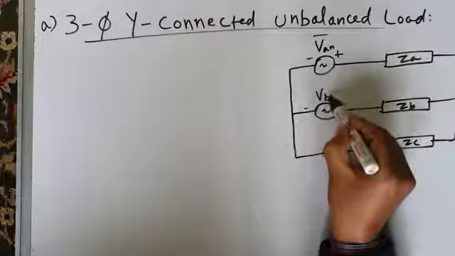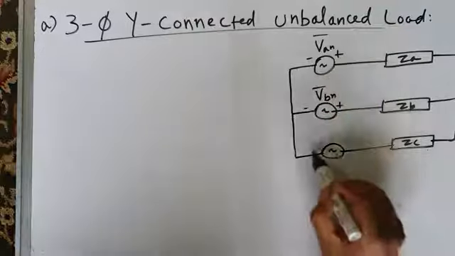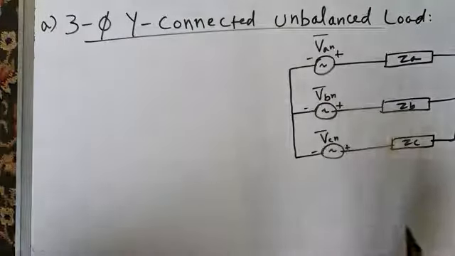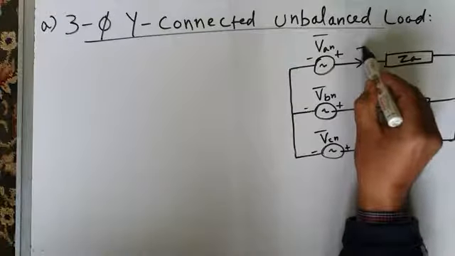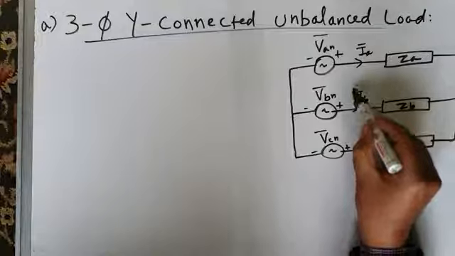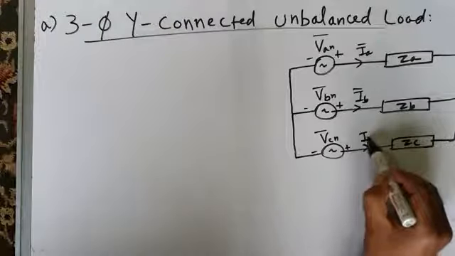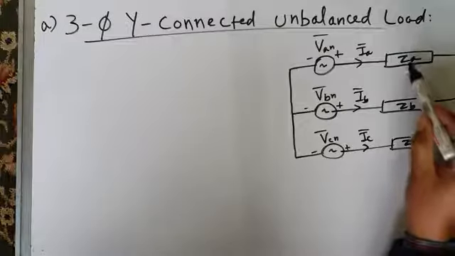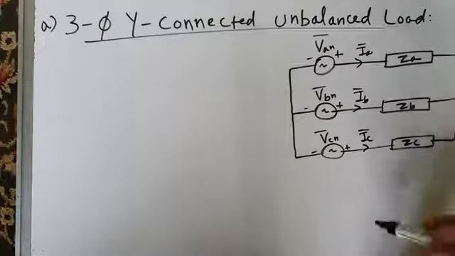This is phase voltage, the phasor is VBN, and phase C voltage phasor is VCN. The three line currents are line current phasor IA, line current IB, and line current IC. And the three loads which are star connected or Y connected are ZA, ZB, ZC impedances.